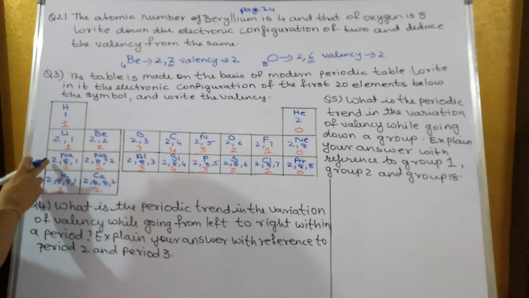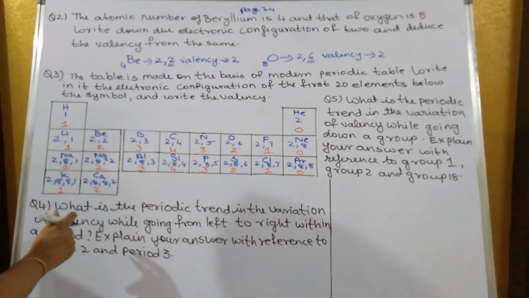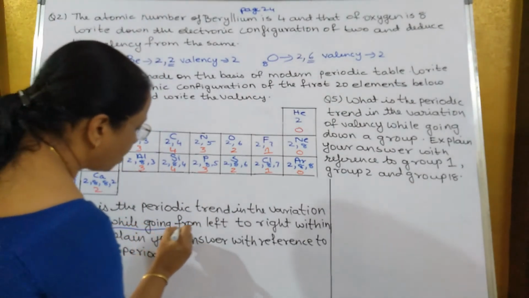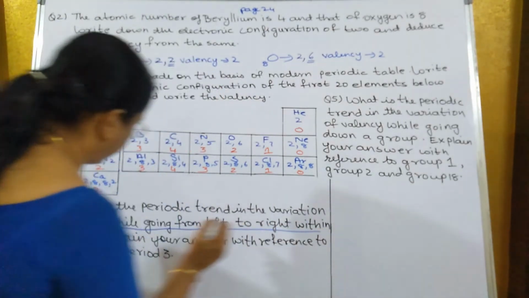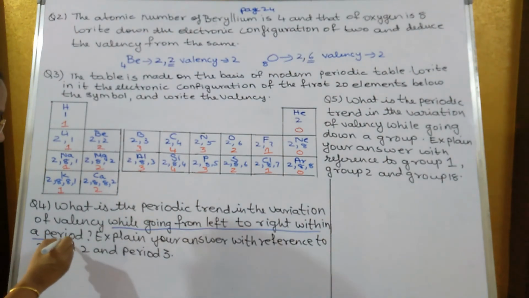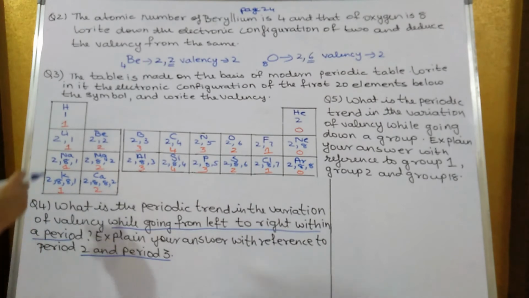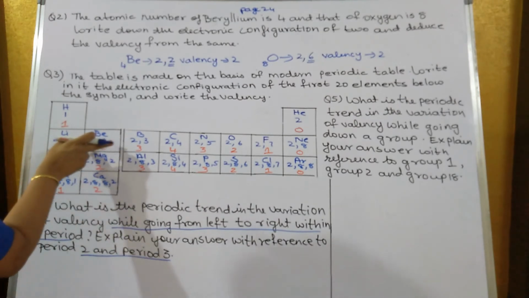With reference to period 2 and period 3, what do you find? First the valency goes on increasing from 1 to 4.